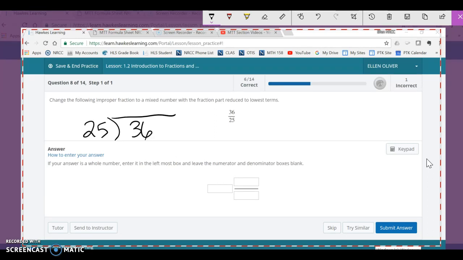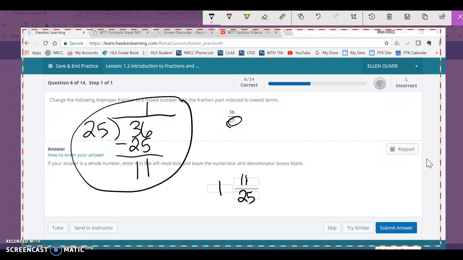Hopefully you guys can see that 1 25 is 25, 2 25s is 50. So that would be too many. So it only goes in 1 complete time. So my 1 goes there. Now I multiply 1 times 25 and I write it down here and I subtract it from 36. When I subtract, I get 11, and that's my remainder. That's my numerator. Because if my denominator started as a 25, it's going to stay as a 25.